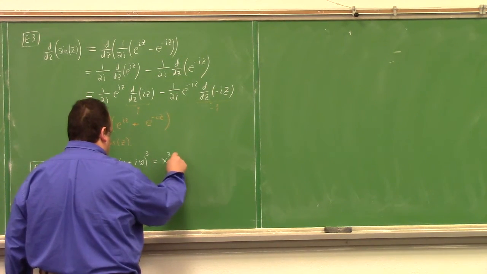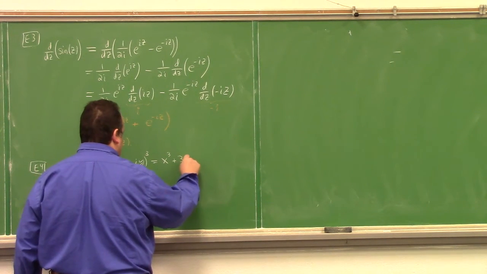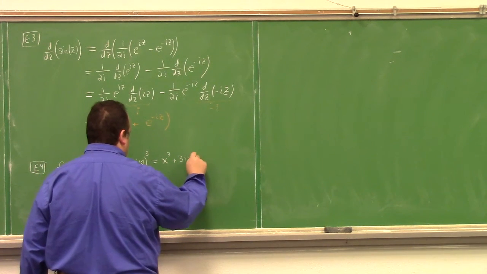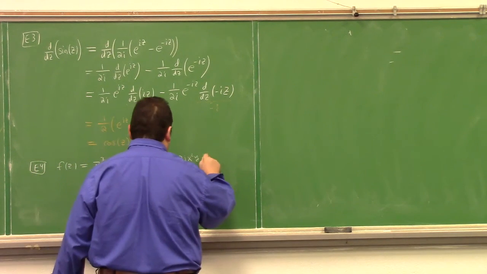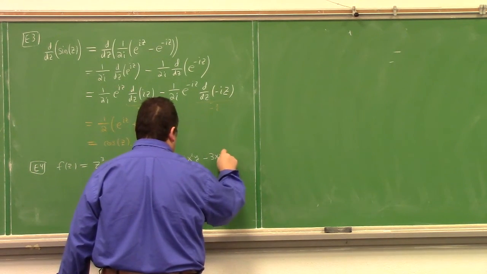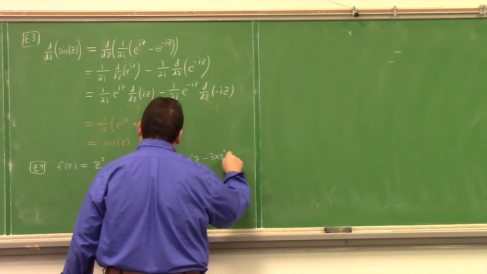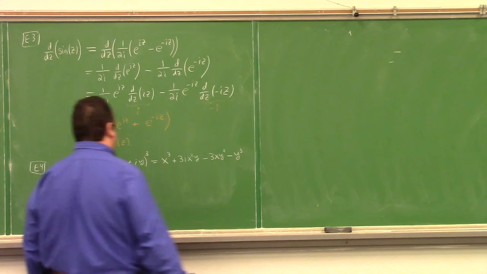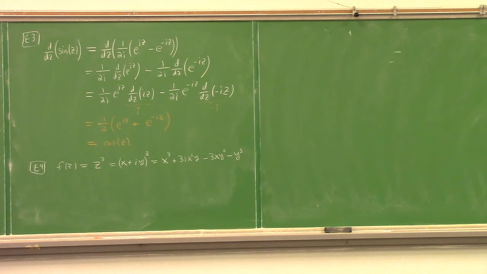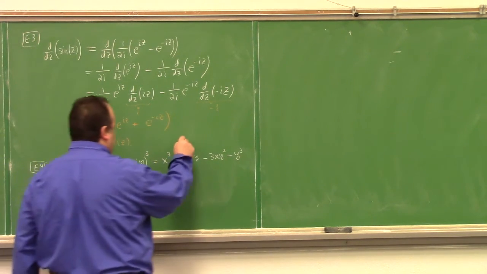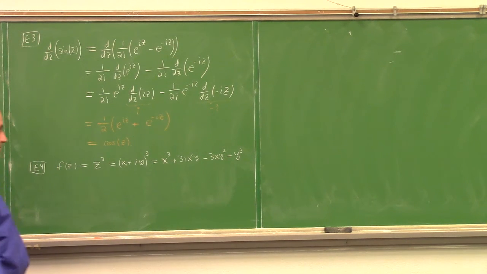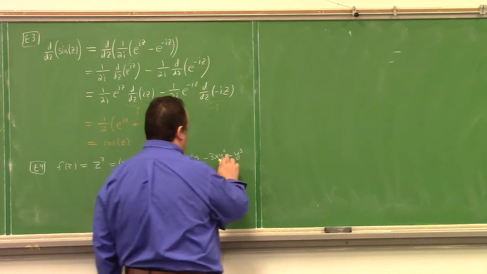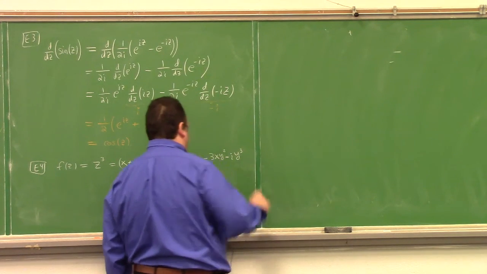So this is x cubed plus 3i x squared y minus 3x y squared minus i y cubed, using the binomial theorem with a equals x and b equals iy. Right?